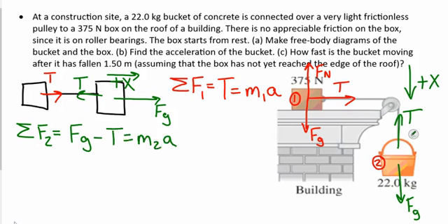So now we have two equations, and what we're looking for is the acceleration. Now we know that the tension is equal to the first mass times the acceleration from the first equation, so we can just plug that in. And now to find the acceleration, we just need to solve for a.